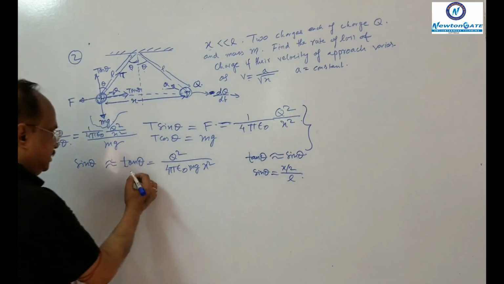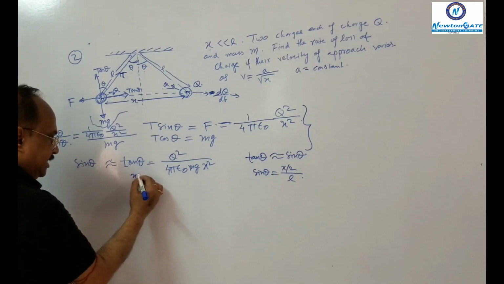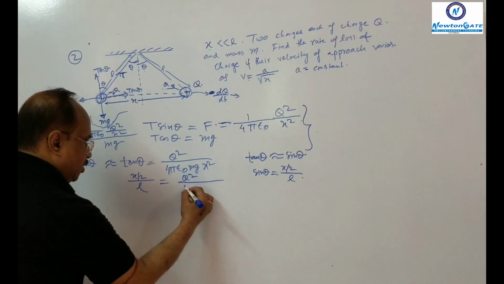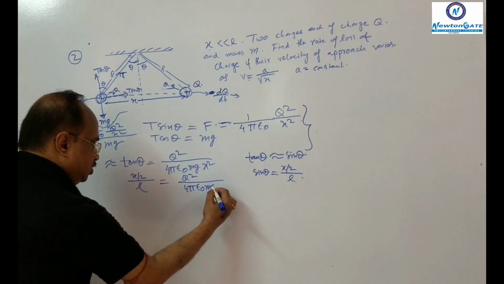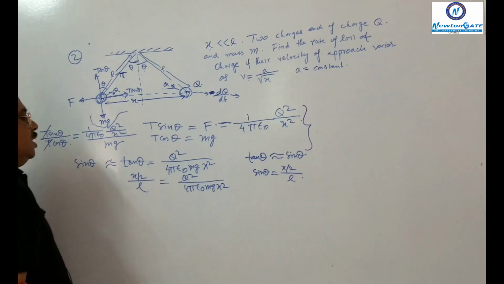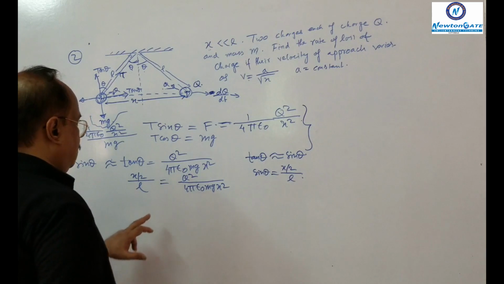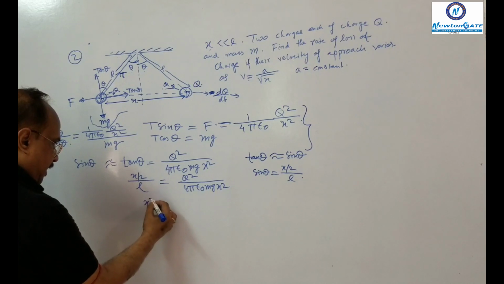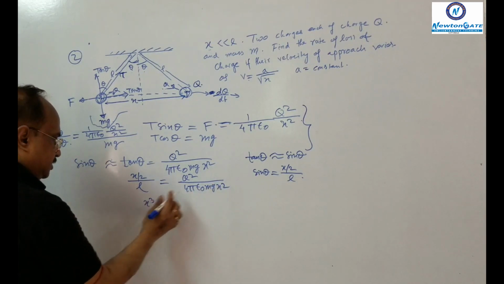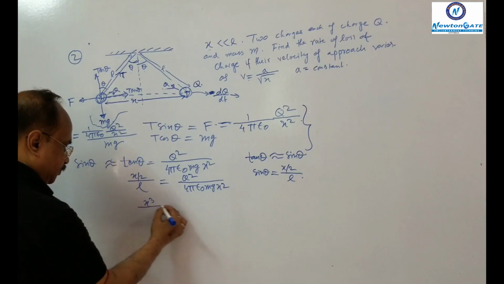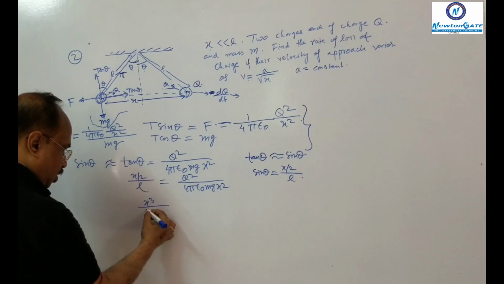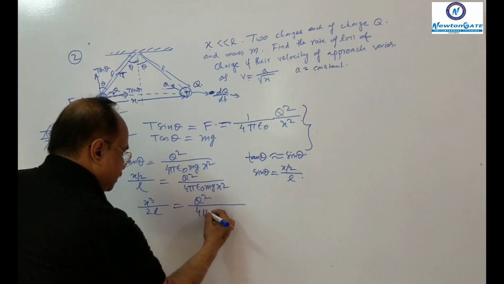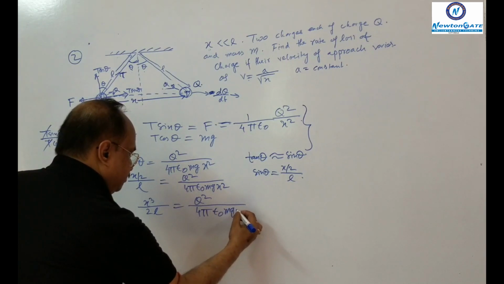So in place of tan theta we can write x by 2 by L is equal to q square by 4 pi epsilon naught mg x square. Now we can write this as x cube divided by 2L is equal to q square by 4 pi epsilon naught mg into x square.